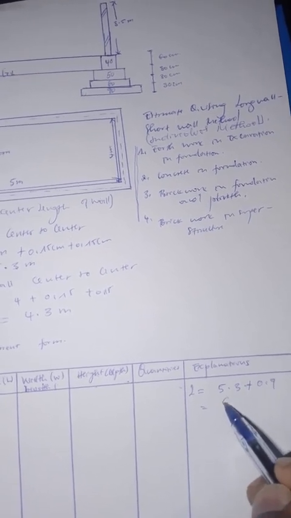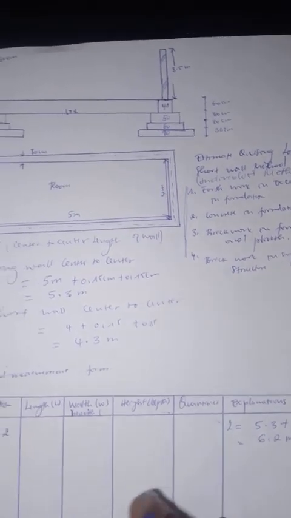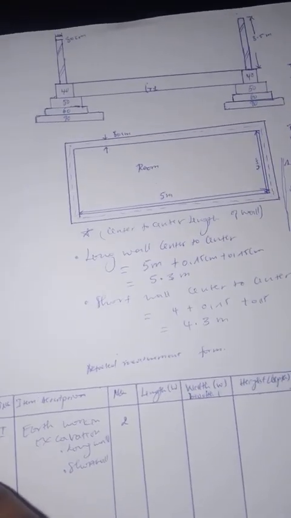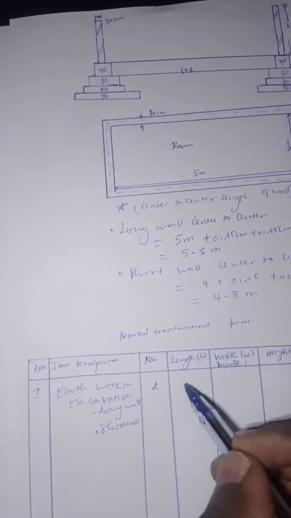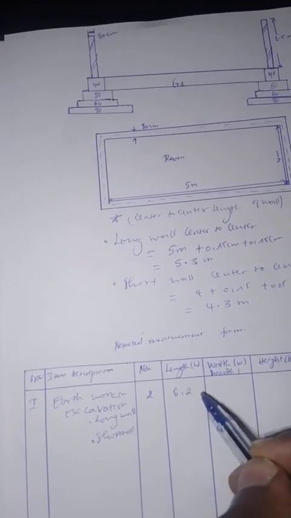We get 6.2 meter as the length we use for long wall in excavation.